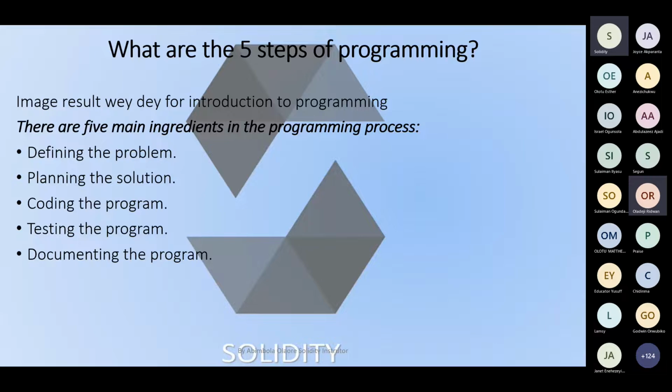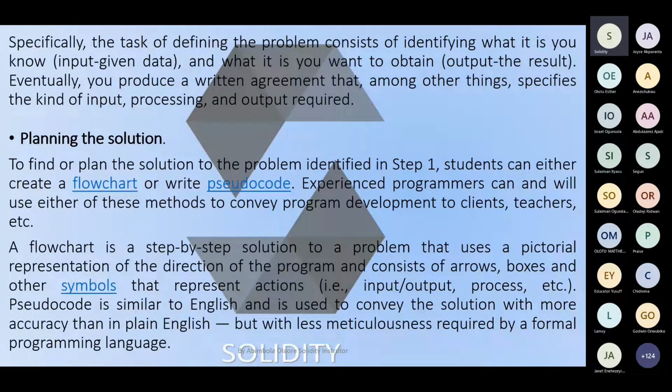When we are talking about defining the problem, what do we mean? Specifically, the task of defining the problem consists of identifying what it is you know, that is, inputs, given data, and what it is you want to obtain, that is, output, the result.